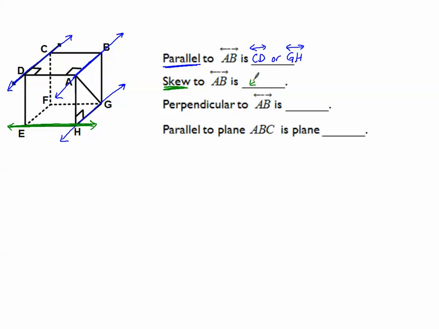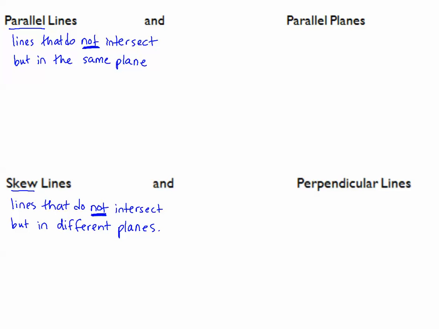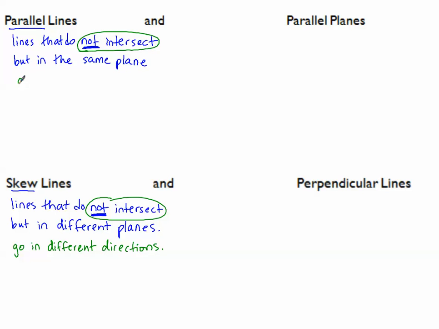So skew is EH. Now, another way to think of being in a different plane is going in a different direction. Let's make that note. So skew lines we can think of as go in different directions, but remember they still cannot intersect, whereas parallel lines that also cannot intersect go in the same direction.